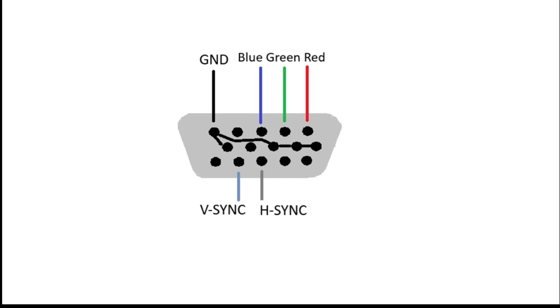And the V sync and the H sync, which basically tell the monitor when a new row stops or starts, and where the frame stops and needs to start over again.